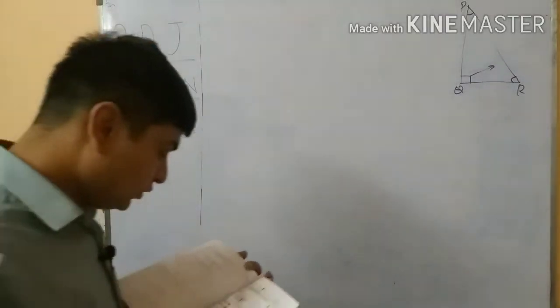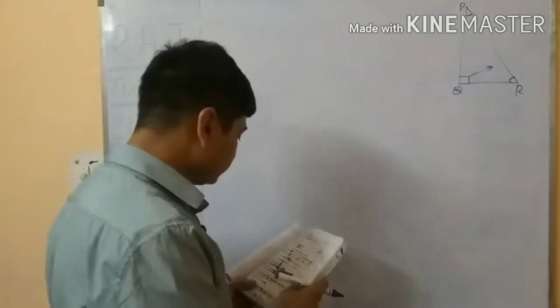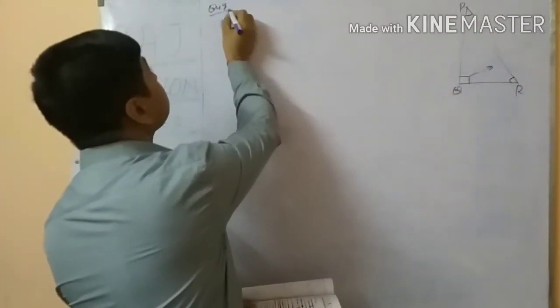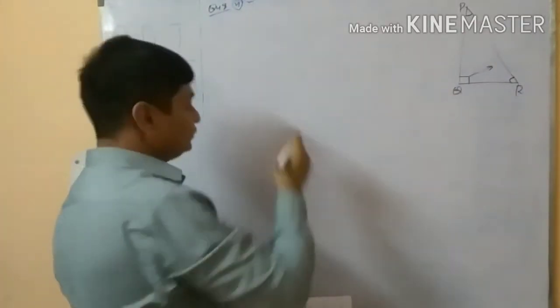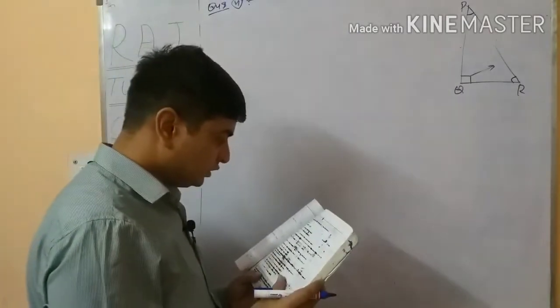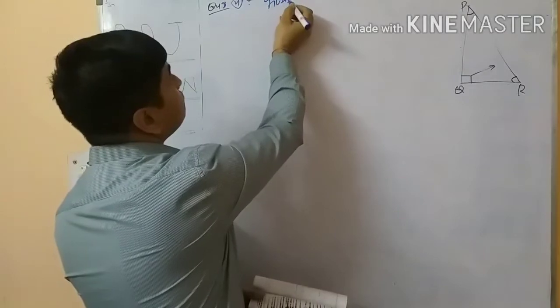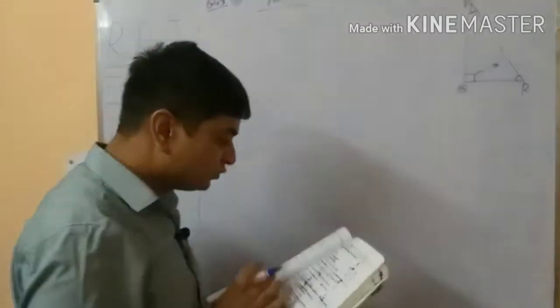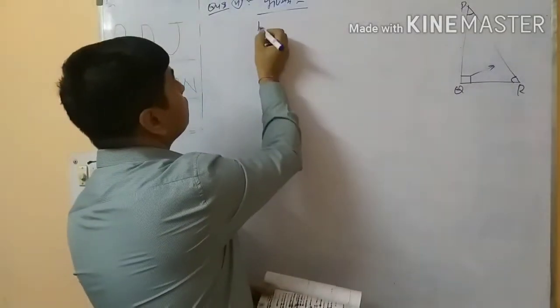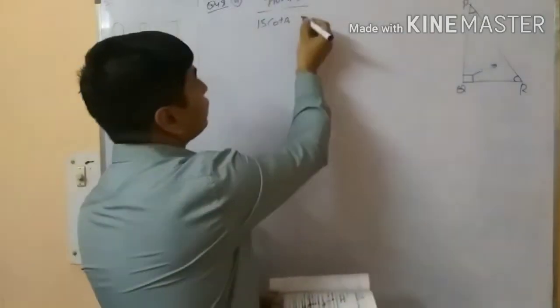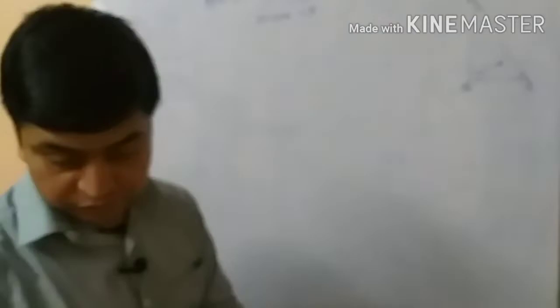Now question number 4, NCERT 8.1. What is given here? Given is 15 cot A equals 8.